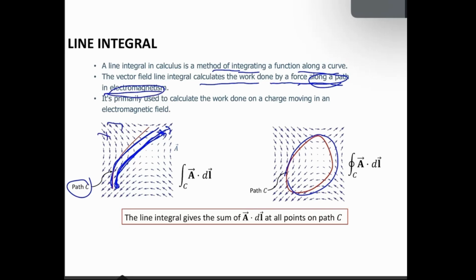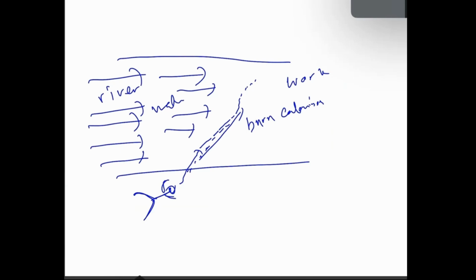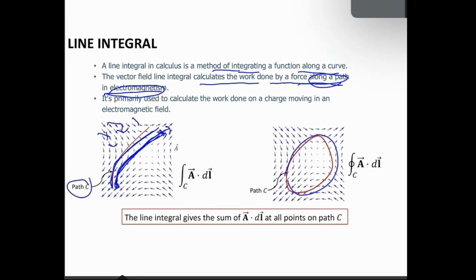In my example, I showed the river, so the force is from the water flow. In this case, the force is electromagnetic. And the same goes for this example too.